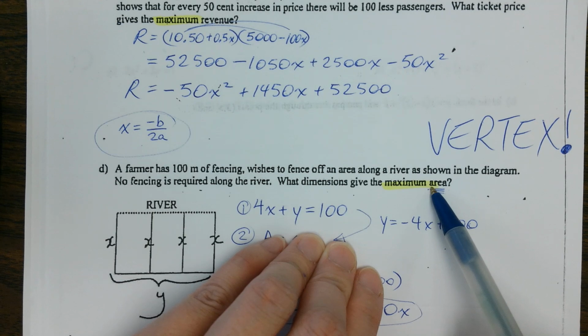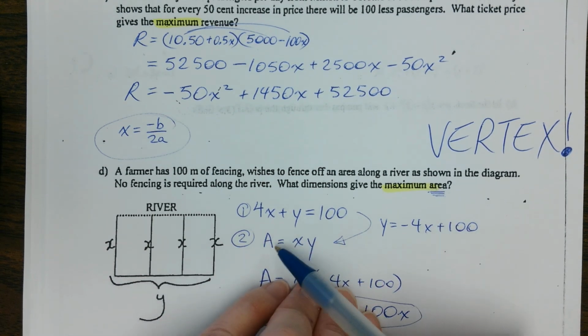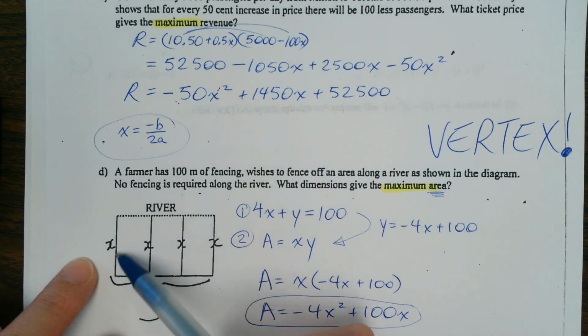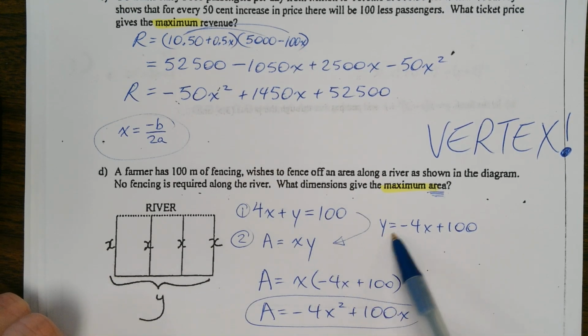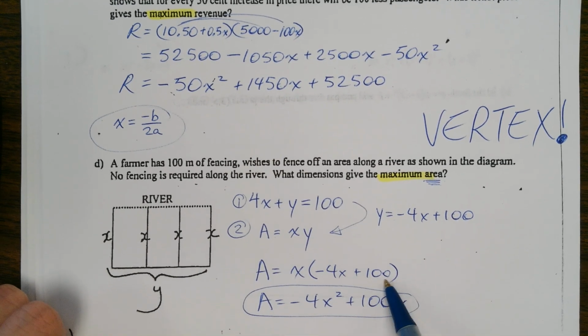So again, I can use any variable I want. A for area sounds like a good idea. So area equals x times y because it's length times width. Okay. Substitute this equation in for y. I have this.